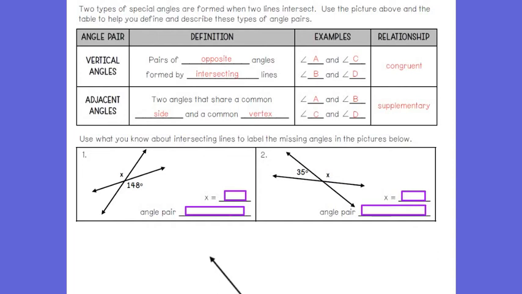Alright, so number 1. I should look at this and I should see one of these 4 vocabulary words that I learned. What vocabulary word do you see with number 1? Vertical angles.